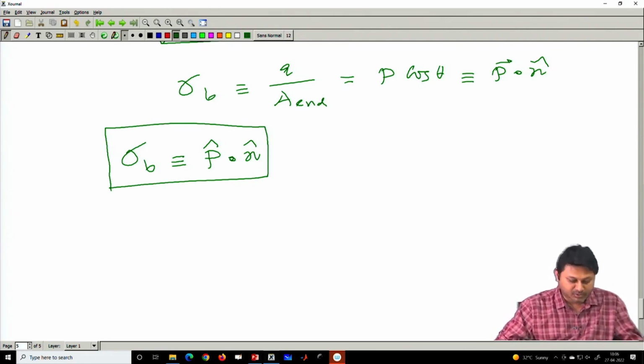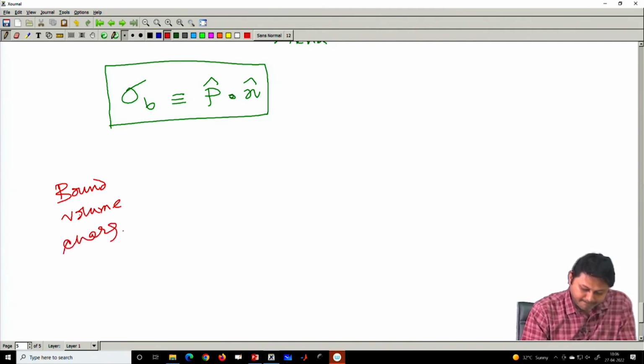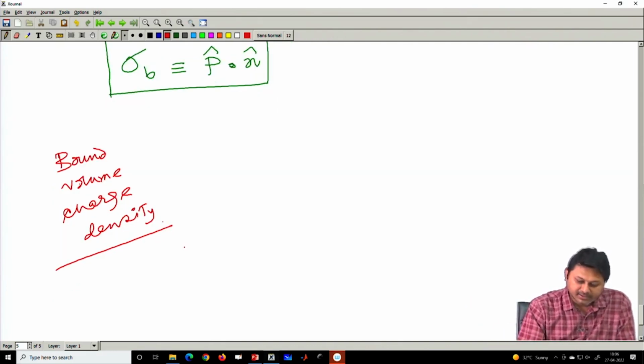Then another quantity we need to understand qualitatively, and that is the bound volume charge density. Suppose the polarization of the system is non-uniform.